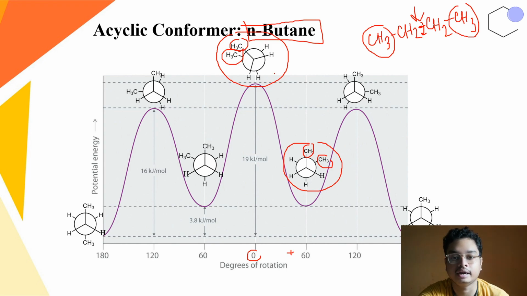Similarly, if we rotate anti-clockwise by 60 degree, we get this other Gauche conformer. Okay, and these two Gauche conformers have a similar energy profile, because both the torsion and the van der Waals strain are the same here.